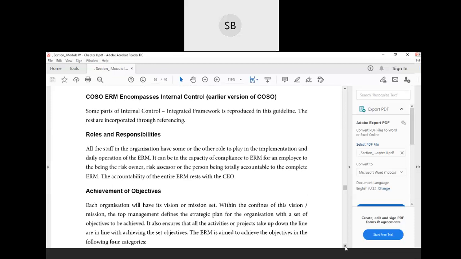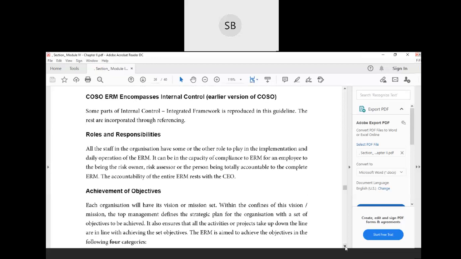Always remember that every individual working in the organization has a role to play in enterprise risk management. Someone will make the strategic decisions, how they can avoid the risk or what risk they should take. These are part of the top management.